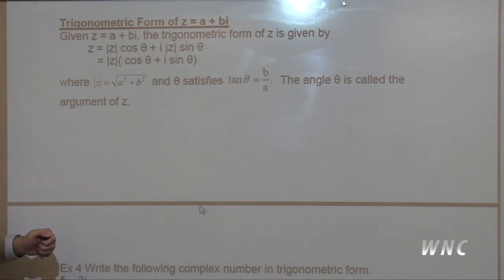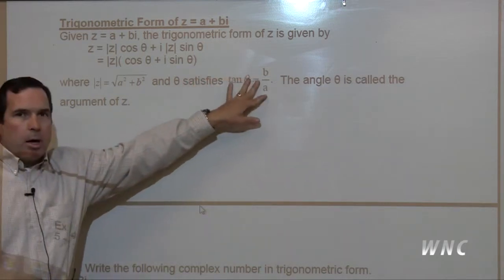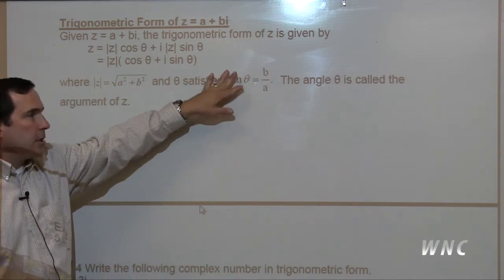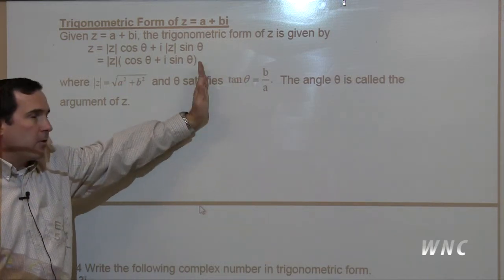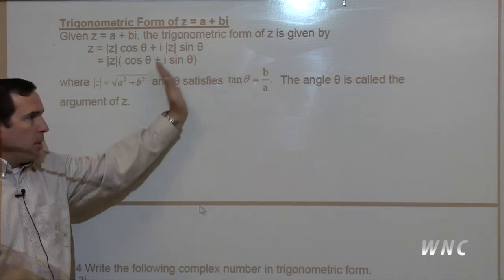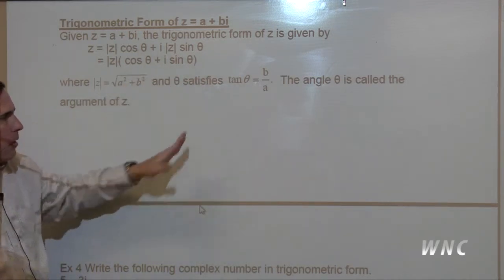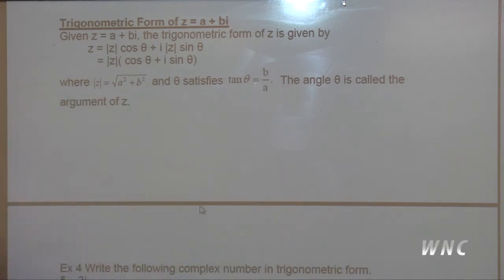The angle theta is called the argument of z. Just be careful about which quadrant you're in, because the arctangent is going to produce values from negative pi over 2 to pi over 2, but it could be in quadrant 2 or 3, not just 1 or 4.